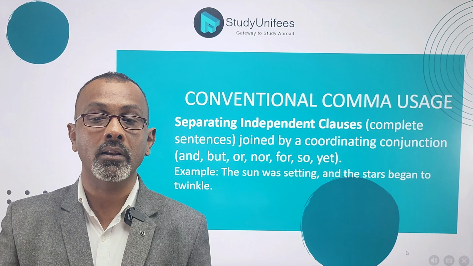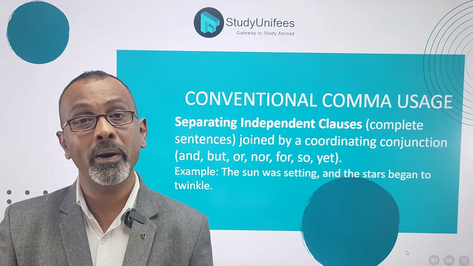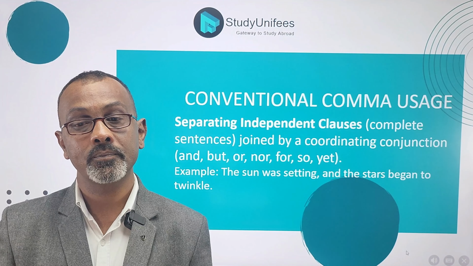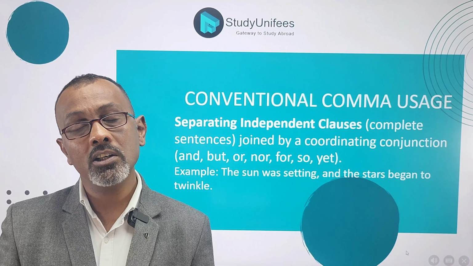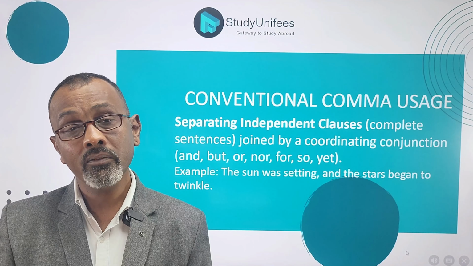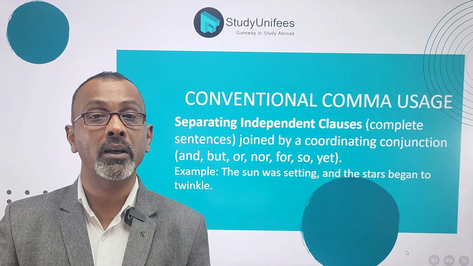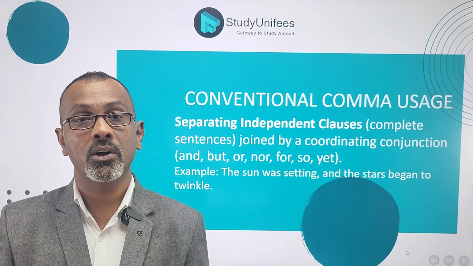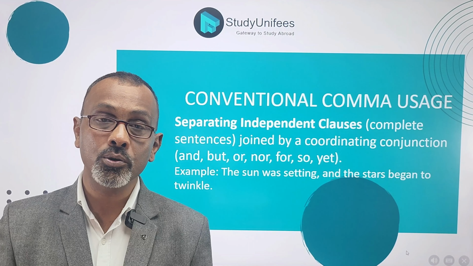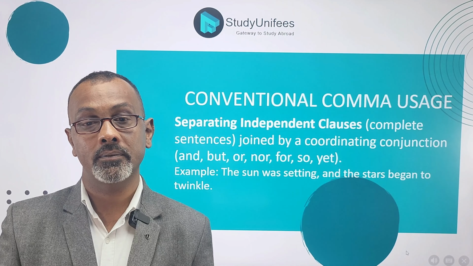Here in the example, the sun was setting is an independent clause because it can also be a sentence in itself. The second clause, the stars began to twinkle, is also an independent clause. Whenever you join two such independent clauses using "and" or any other coordinating conjunction, it is recommended that you use the comma just before the "and".